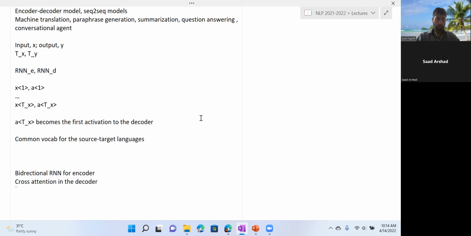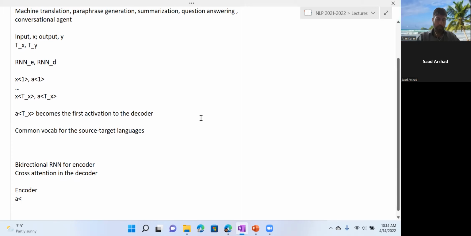So what is the sequence? Let's talk about the encoder. The encoder sequence is A1 to, of course, A of Tx, and this Tx can be different. Okay? So one option is that you can combine all the encoder activations from A1 to A of Tx and pass it to the decoder.